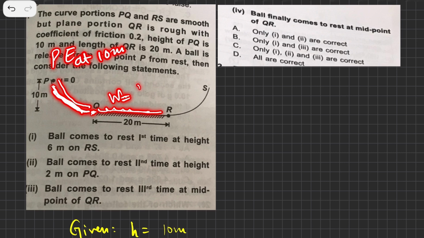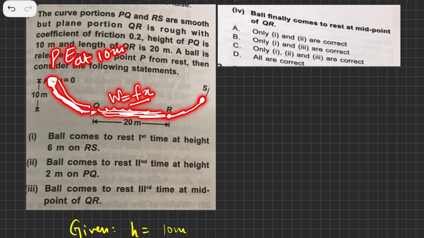So work done is equal to force into displacement. This work is done because of this surface. So the ball is going to slow down in this QR region, and it is going to climb some height, because it is not coming to rest at point R. It may go up to this point, because there is some loss due to friction. So whatever the energy was at the starting point, this energy is slightly less.